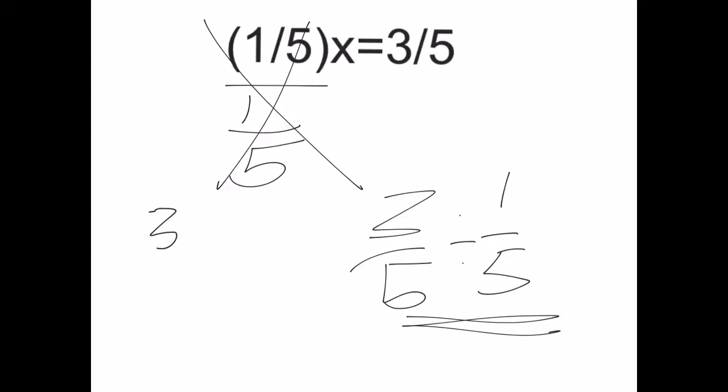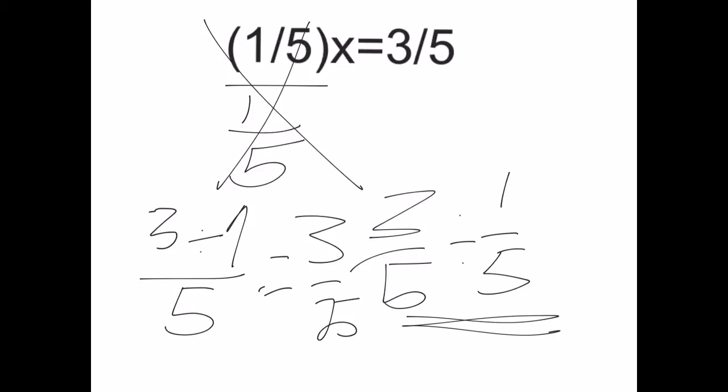So, 3 divided by 1 over 5 equals 3/5. X then equals 3/5. And that is your answer.